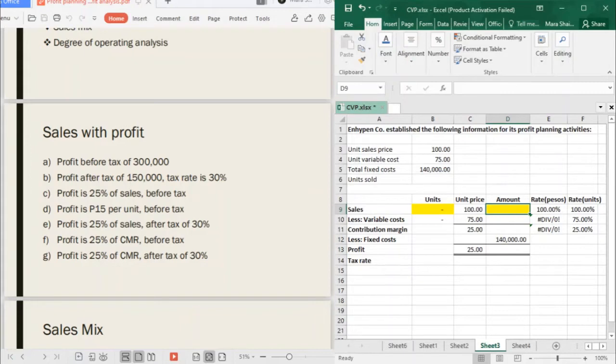Again, our objective is to find the sales amount or the sales in units, or the units sold, or your budgeted sales in units. So, if we are given a profit before tax of 300,000, let's take this out first.